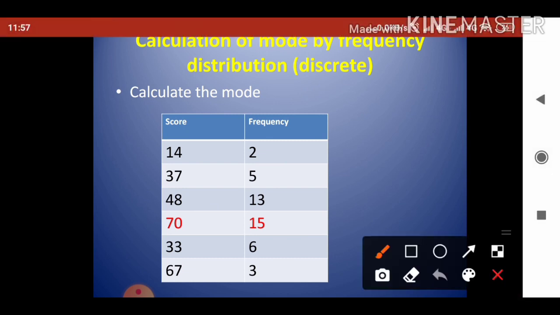So here what you have to see is which number has the highest frequency. So 15 is the highest frequency. So you can say that here 70 is the mode because 70 is appearing 15 times in this discrete distribution. So 70 is the mode.